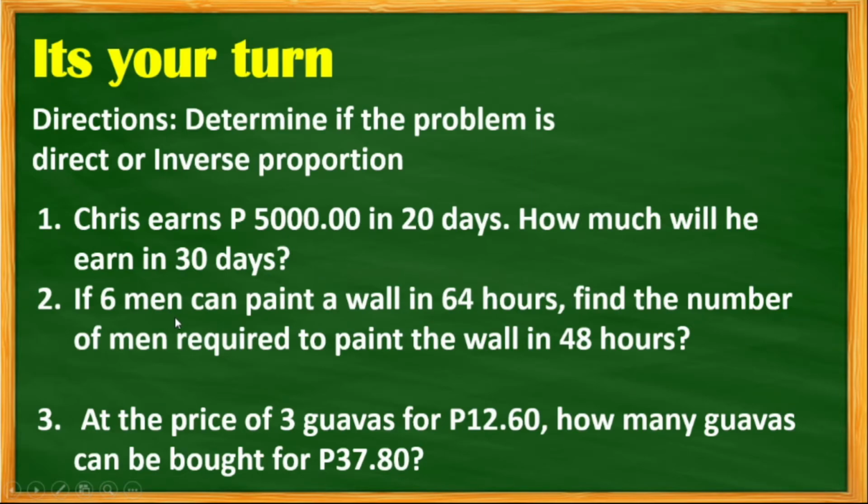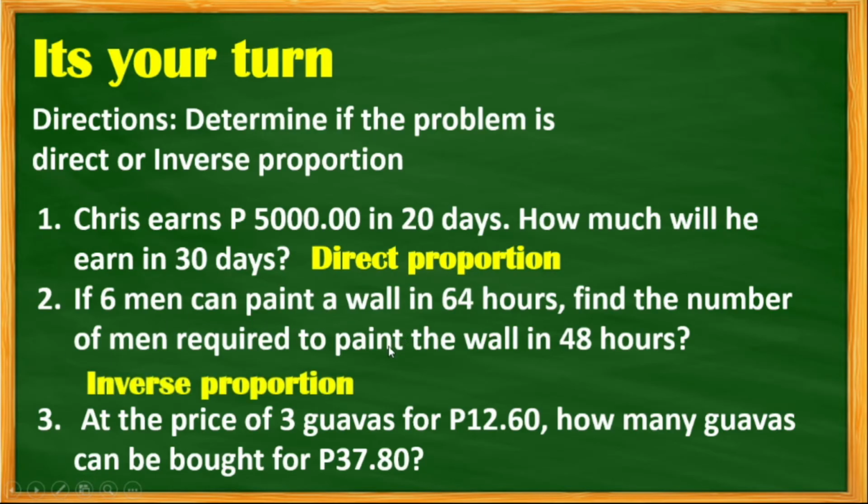Now, let's reveal the answers. For number 1, the answer is a direct proportion. Very good, grade 5 pupils. For number 2, 6 men can paint a wall in 64 hours. It involves a job, painting. Now, it is an inverse proportion.